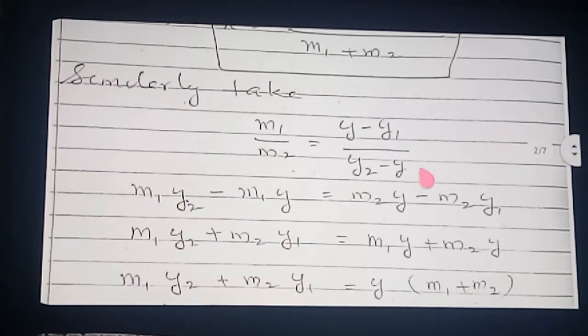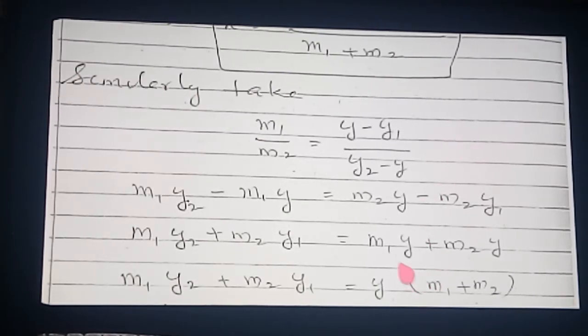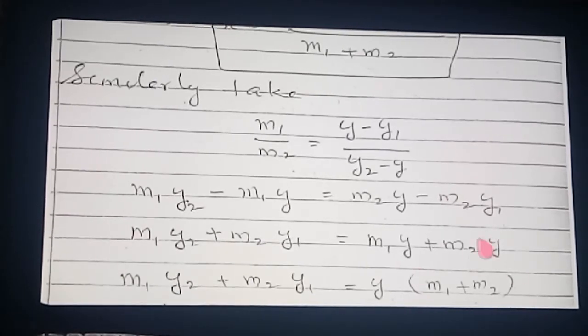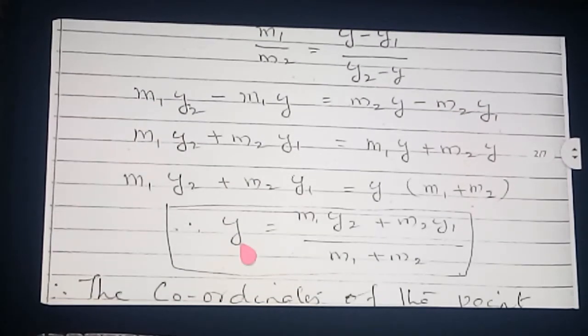So the terms containing y, you got m1y plus m2y on the RHS part, and this minus term shifted here also. So what you got here, m1y2 plus m2y1, same format. Therefore you got the value of y: m1y2 plus m2y1 divided by m1 plus m2. Clear? So you got the x coordinate and y coordinate both.